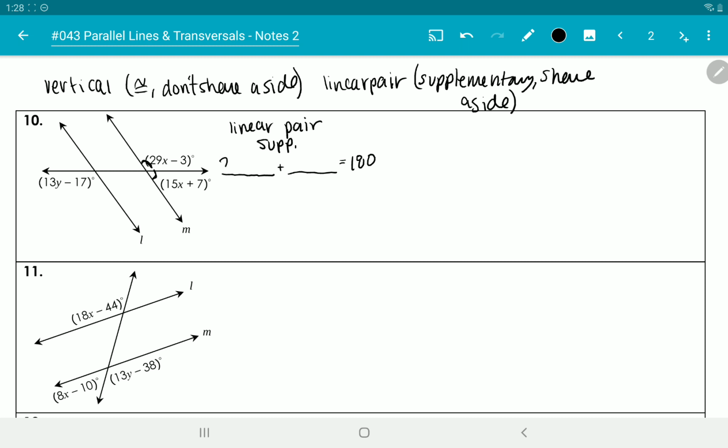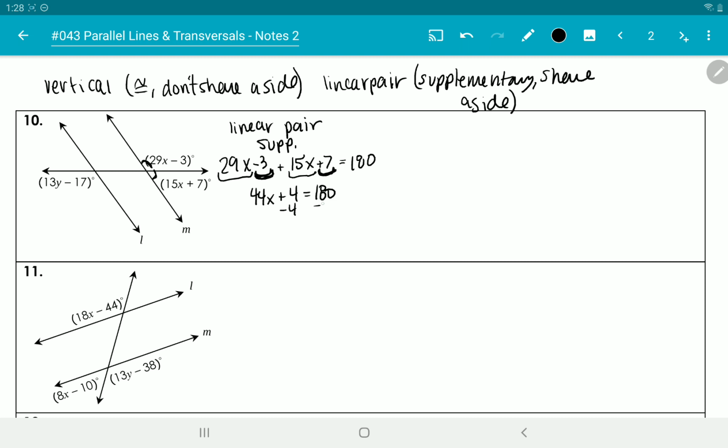So we'll go ahead and do 29x minus 3 plus the other one is 15x plus 7. Okay, so if we take 29x plus this 15x, we're going to get 44x, and minus 3 plus 7, it's going to give us plus 4 equals this 180.